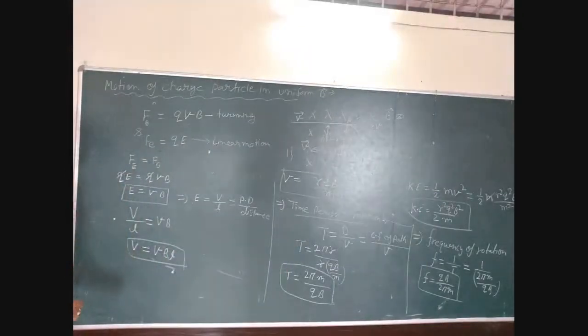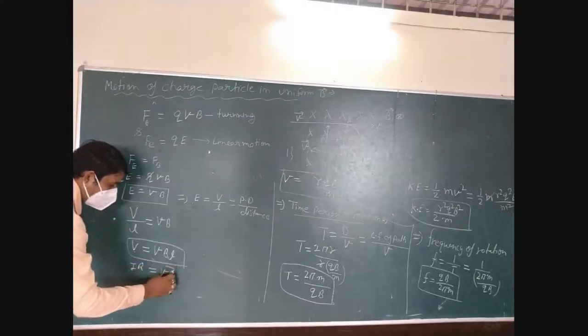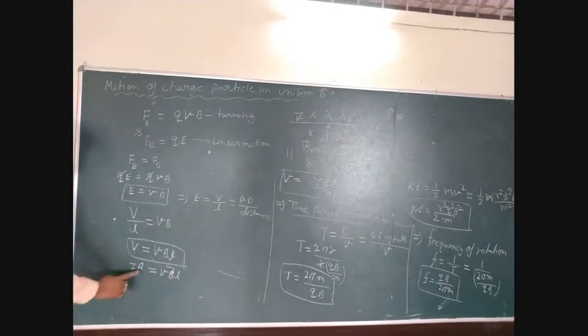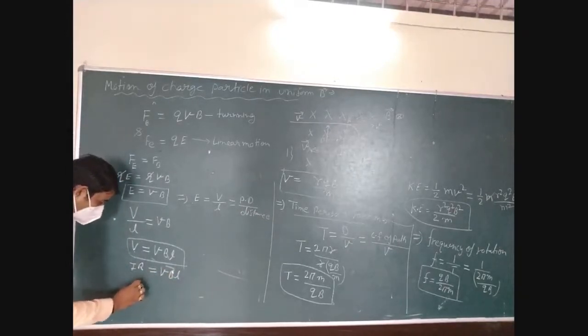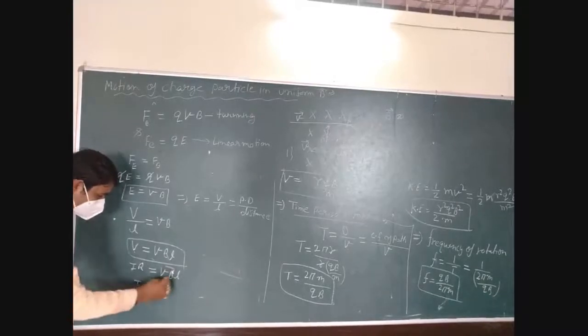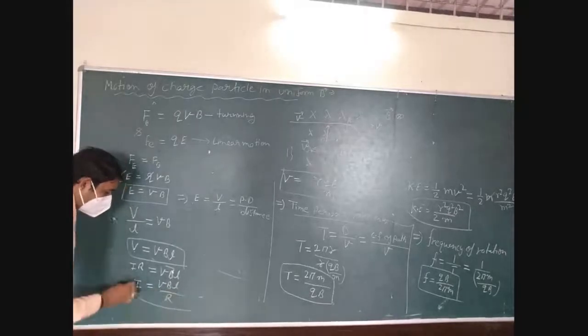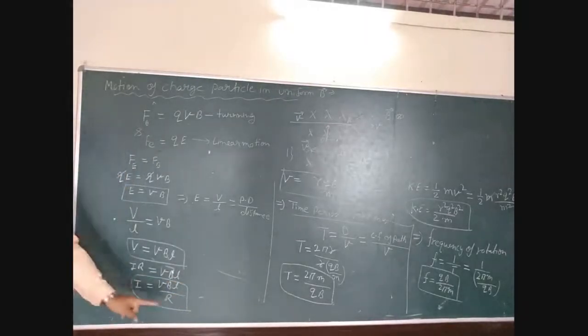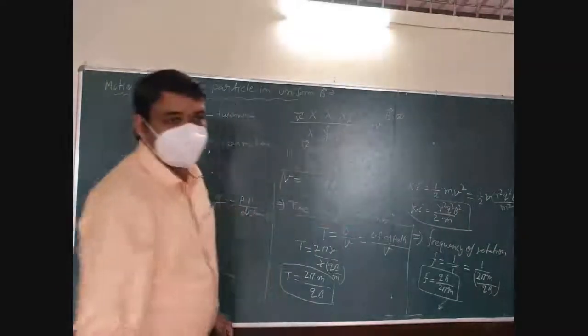We can use here I into R is equal to VBL. So we can calculate the value of current for this: VBL upon R, where R is the resistance of the coil.